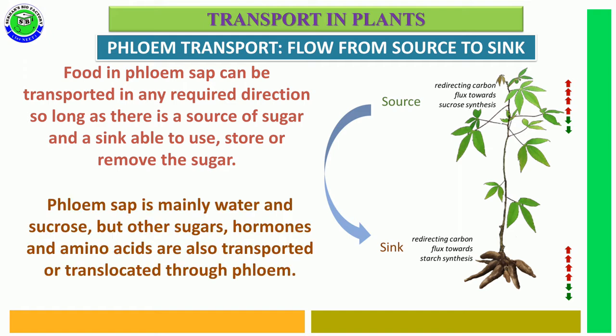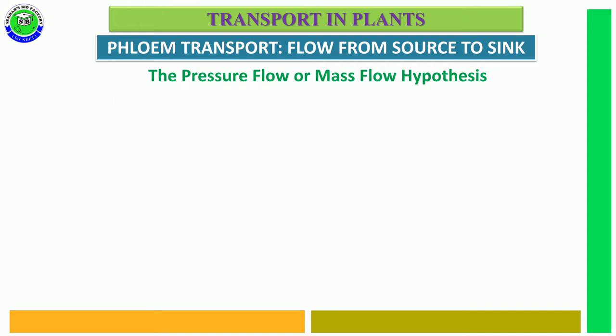The phloem sap consists of water and mainly sucrose; along with other sugars, hormones and amino acids are present in phloem sap, which are translocated through phloem tissue.